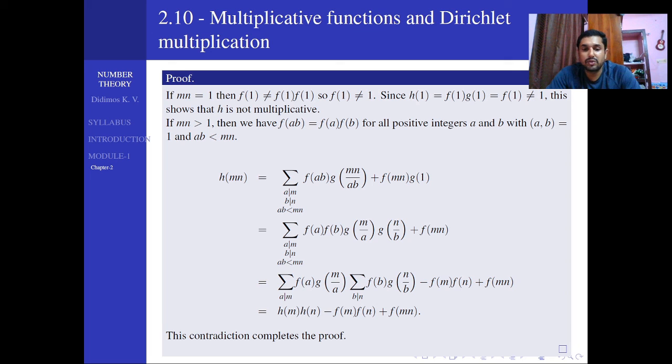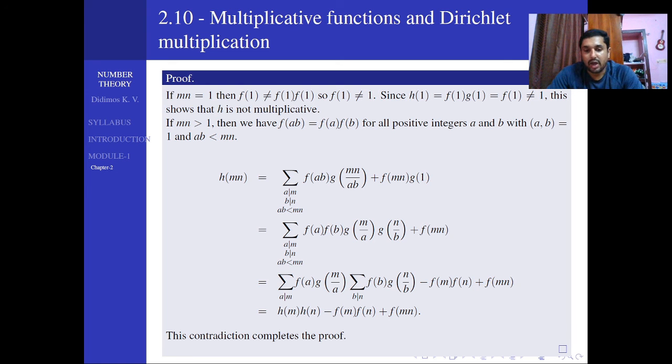That is because if you consider the product of these sums, you will get an extra term f of m into f of n that is not included in the previous statement. So we subtract that f of m into f of n from this product. So this constitutes h of m into h of n minus f of m, f of n plus f of mn.